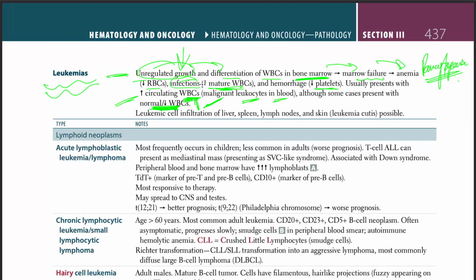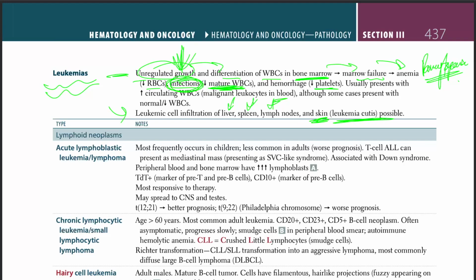But remember, we will have infections because the mature, normal WBCs are not there. Leukemic cell infiltration will occur in the liver, the spleen, lymph nodes, and skin. When it occurs in the skin, it's called leukemia cutis, which is also possible.